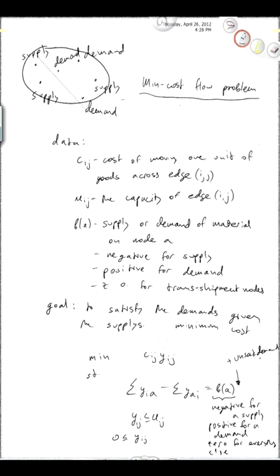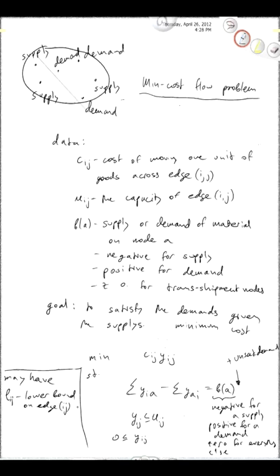But another common twist to this problem and the previous problem is that we might have some lower bounds. So we may have something like a Lij, which is going to be a lower bound on edge ij. So this says something like you have to have at least this many trucks going through this edge.